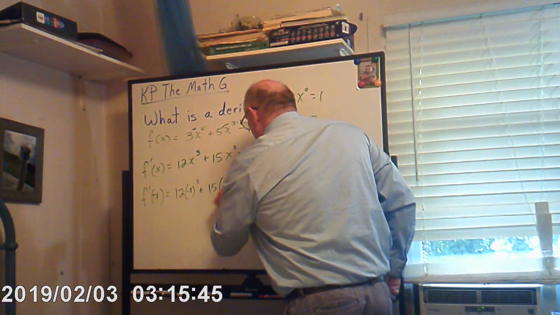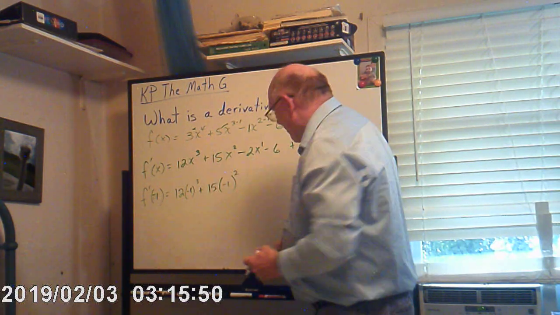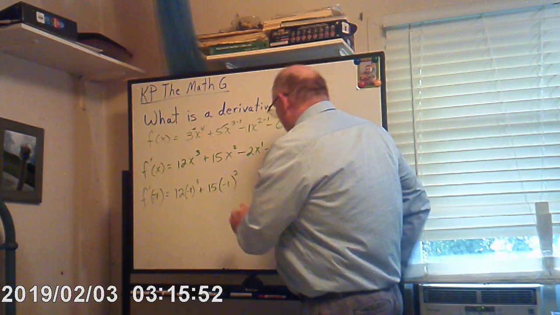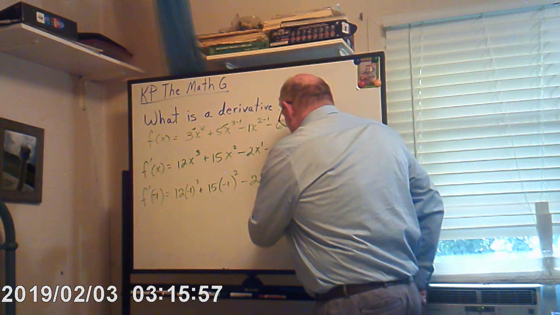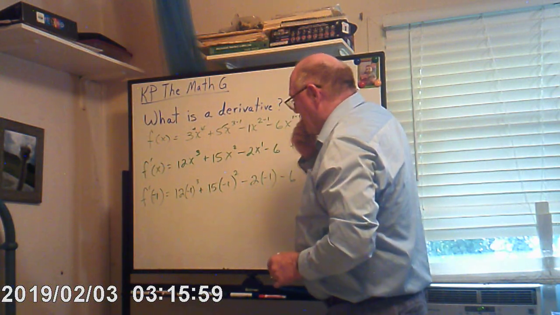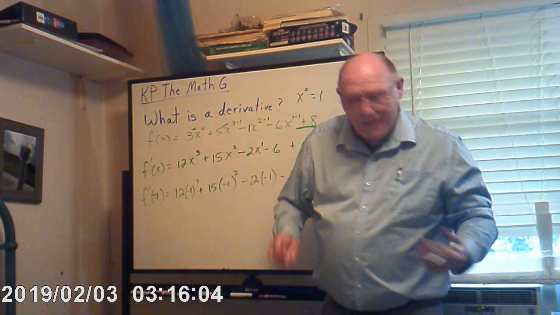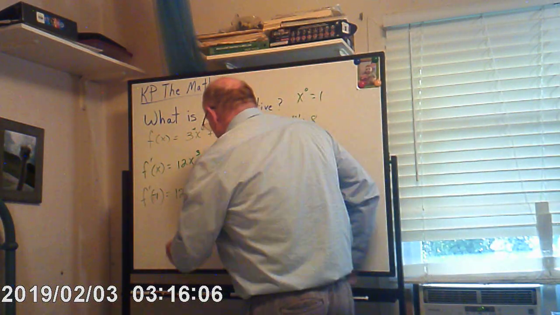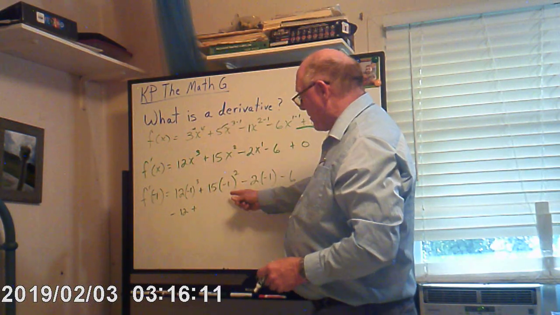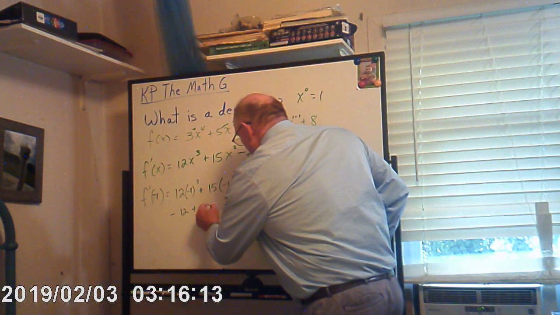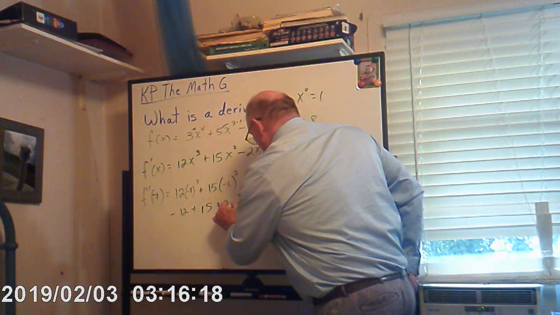I want to know what the slope is at x equals -1. So 12 times -1 cubed: negative times a negative times a negative is a negative, so -12. Negative times a negative is a positive, so plus 15. Plus 2, and then minus 6.